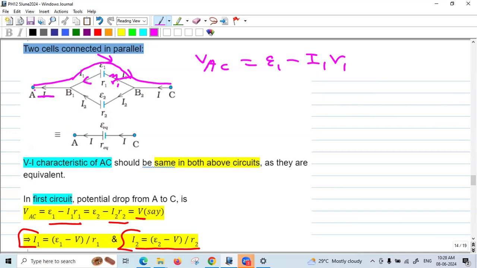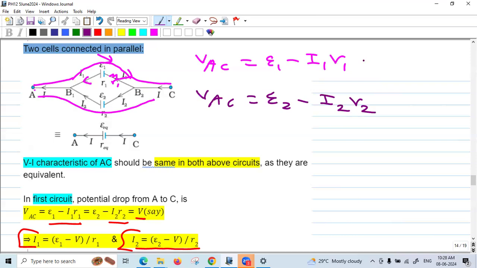Along the second path, the same V_AC I can write as E2 minus the rise in the internal resistance, I2 into R2.